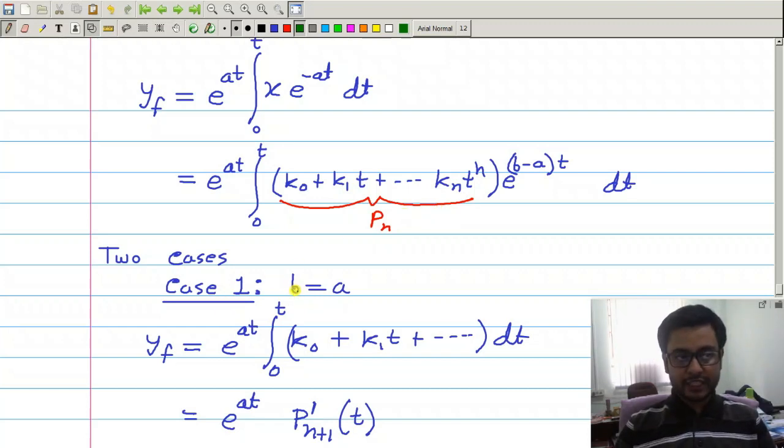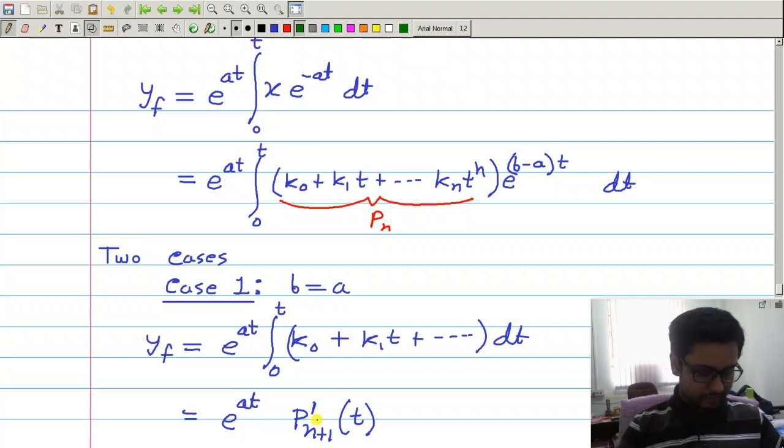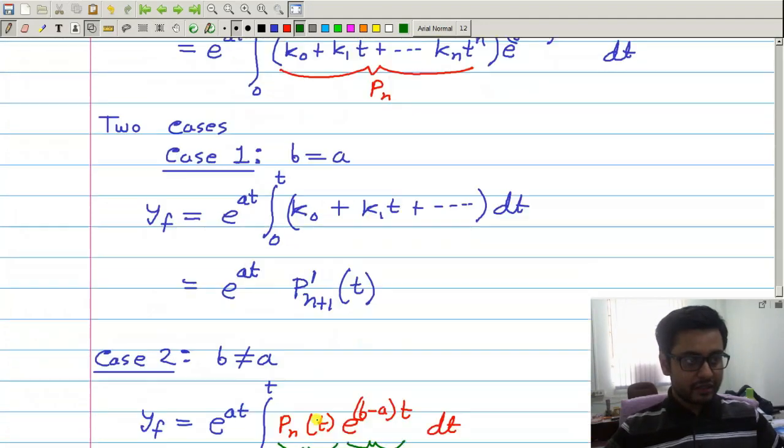In one case, if b is equal to a, then the final solution will be like this: e to the power at multiplied by n plus 1th degree polynomial.